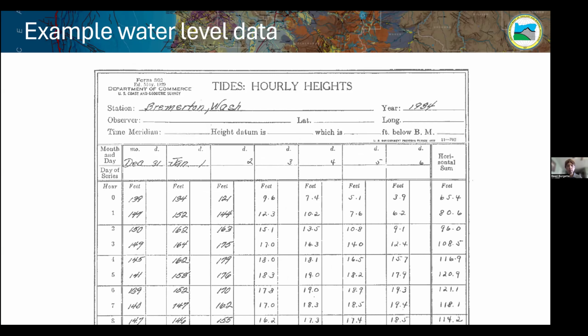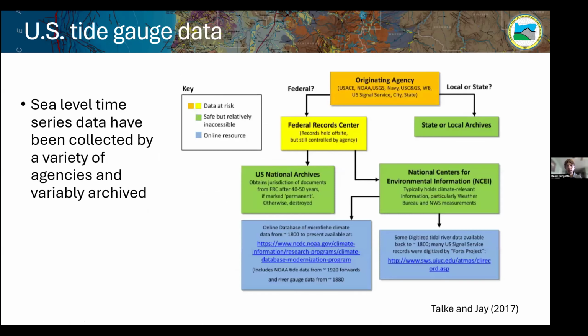So there's a large volume of data, and it's tricky because the data is clearly owned and produced by these federal agencies. But as shown by this diagram, there's a pretty complicated set of different archives, and many of the data are not easily findable.